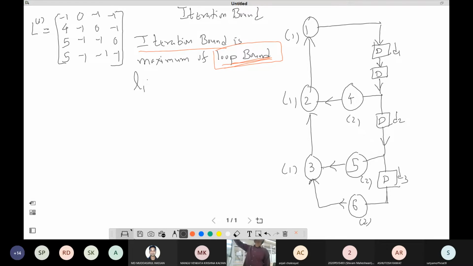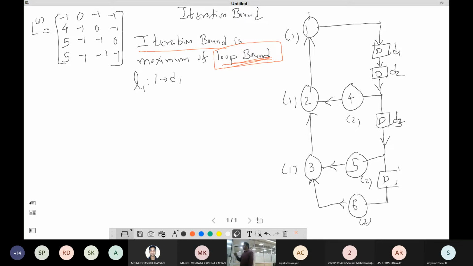First, what is the first loop? Let's consider I am starting from this point. So what is the first loop? 1, then D1, sorry, D2, D3, D4. I forgot just one notation.